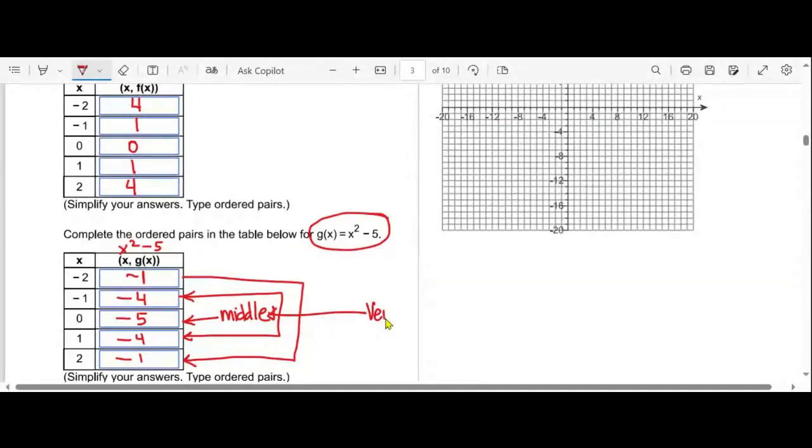Vertex. The vertex can be the highest point or the lowest point. Is this point the highest or the lowest? The lowest, because it's concave up. Why concave up? Because you have to look at how the graph looks.